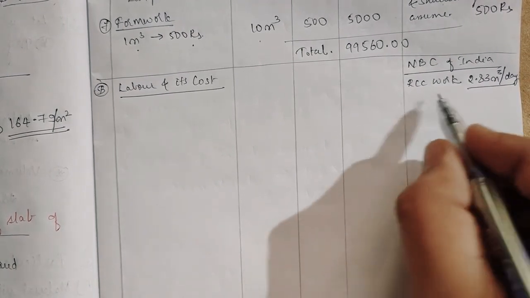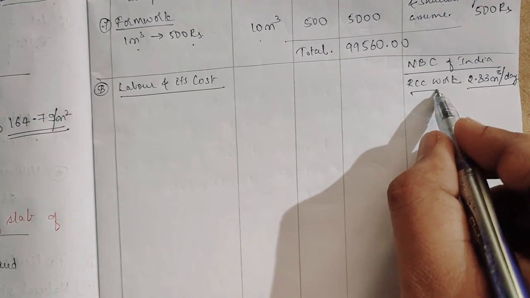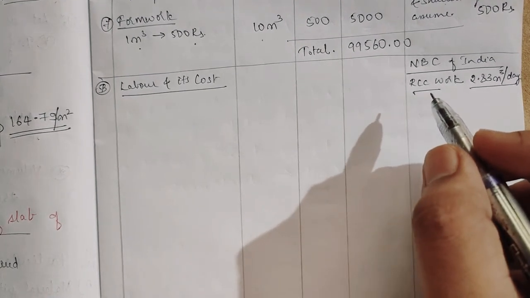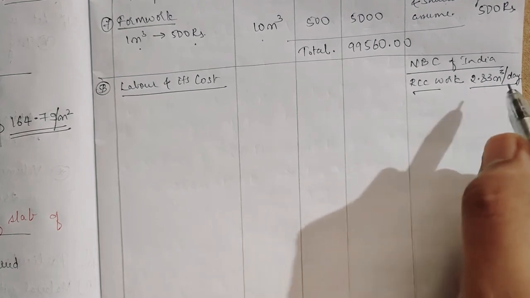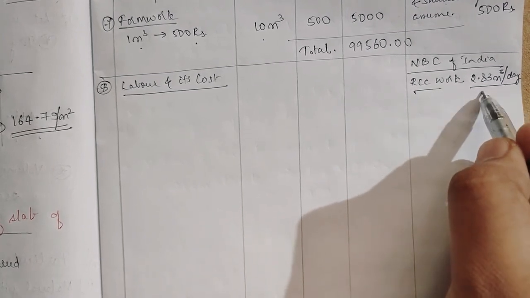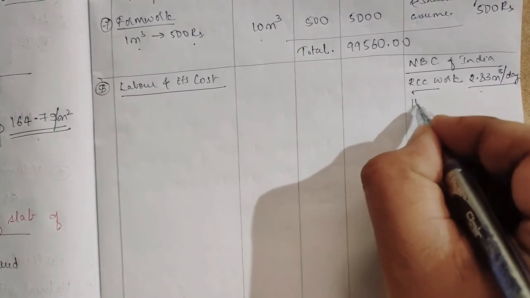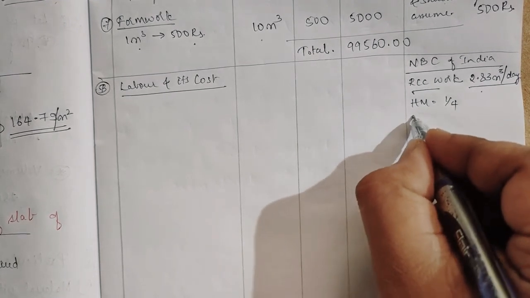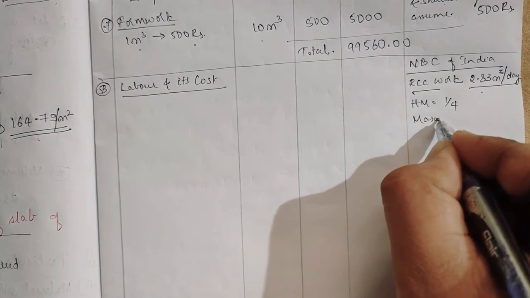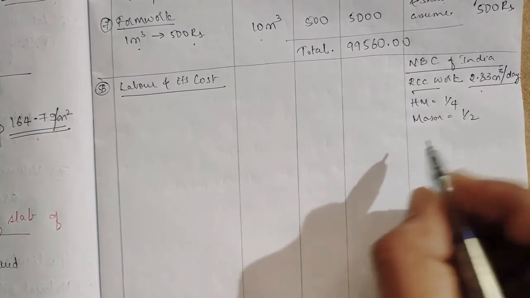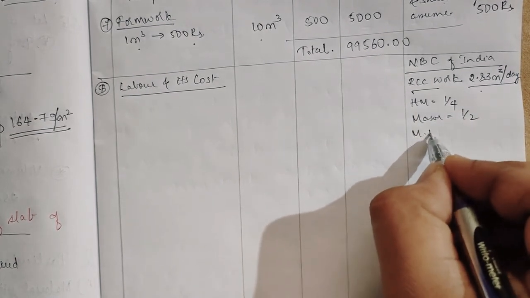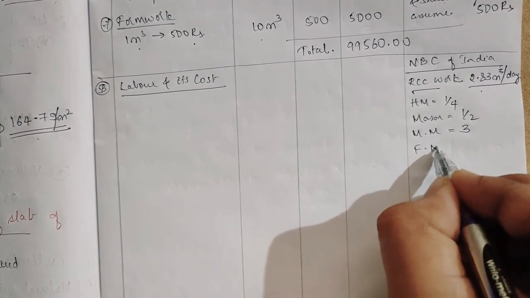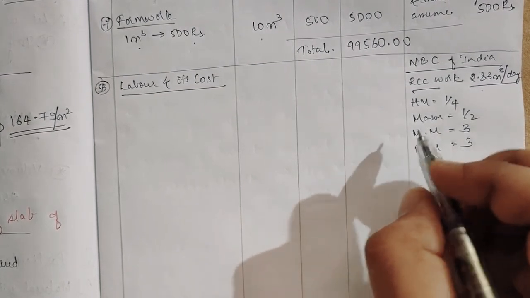That is for preparation and laying of RCC work for 2.83 meter cube per day, we have head mason 1/4, mason half, male mazdoor 3 number, female mazdoor 3 number.